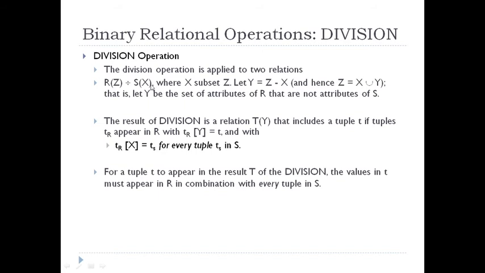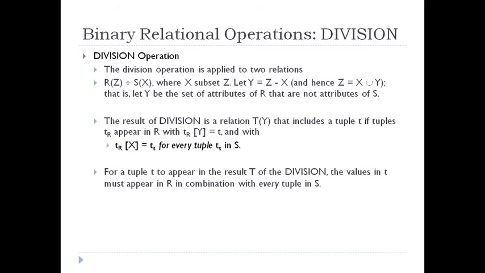Whatever attributes you have in the second operand relation must be a subset of Z. Suppose you have attributes A, B, C, D, E in relation R, then S can have A and B attributes.